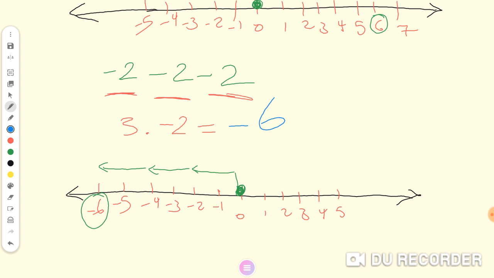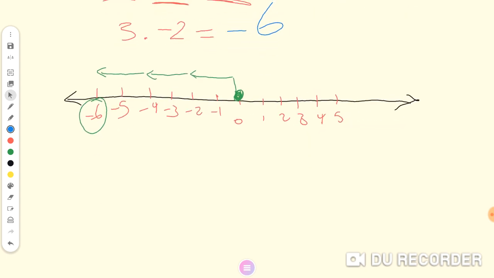Now, what we take now is how to multiply positive with negative. I already multiplied a positive number with a negative number. What if I said the opposite? If I have negative 2 multiply 3, this is the same as 3 multiply negative 2.